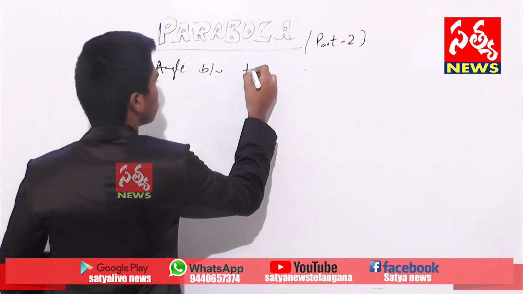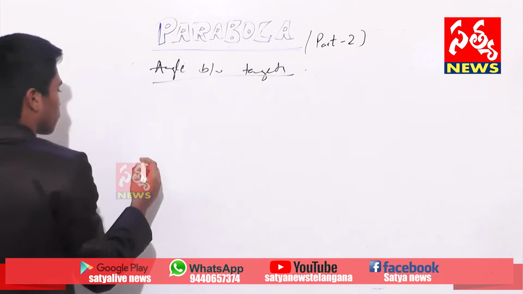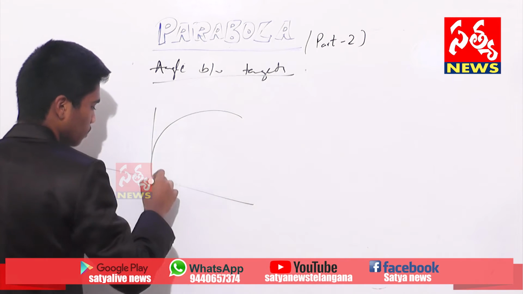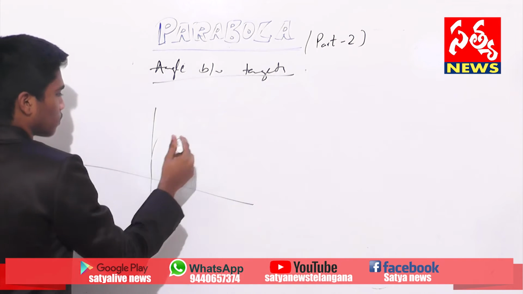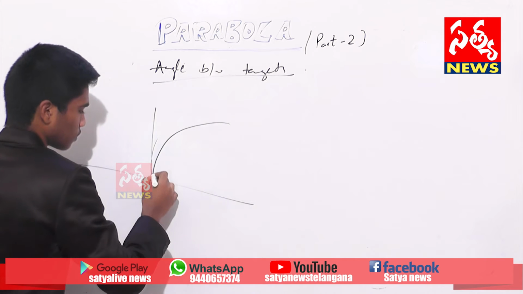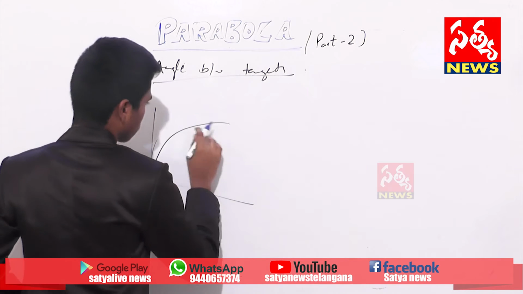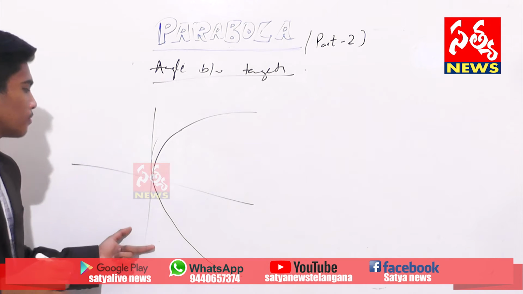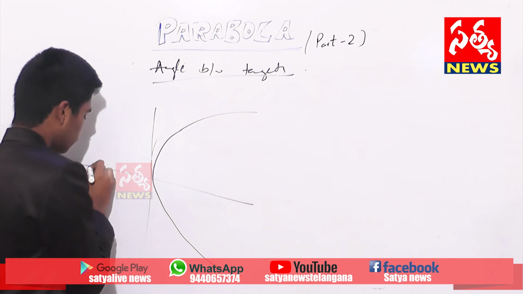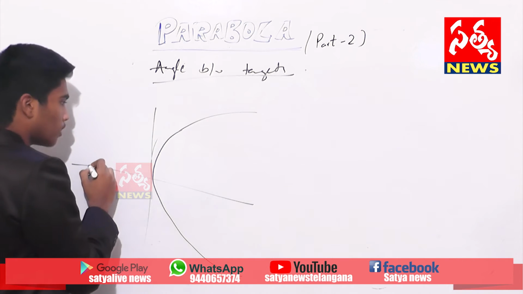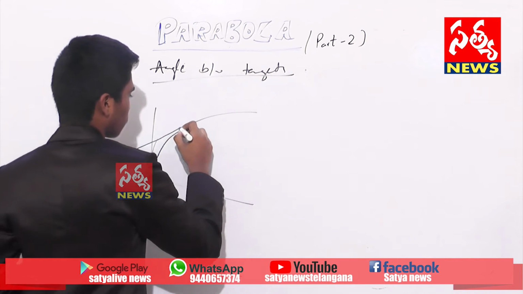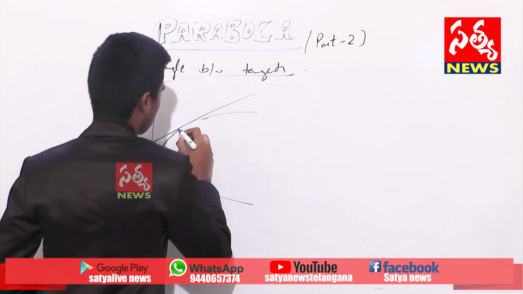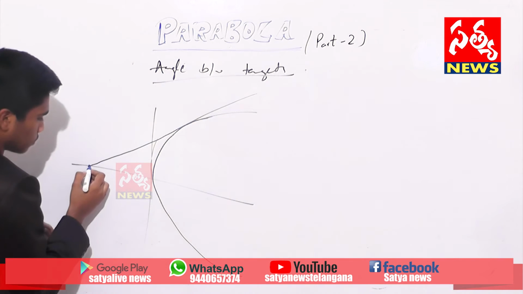Angle between tangents. Okay, this is a parabola, and let us assume a point P here, and there pass two tangents here.